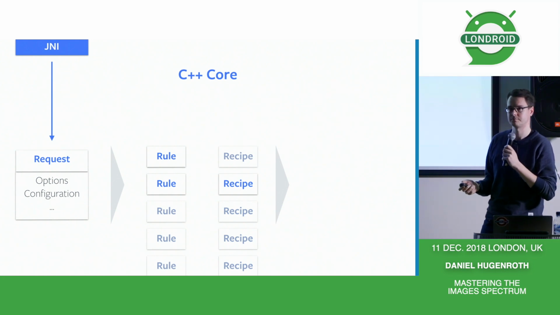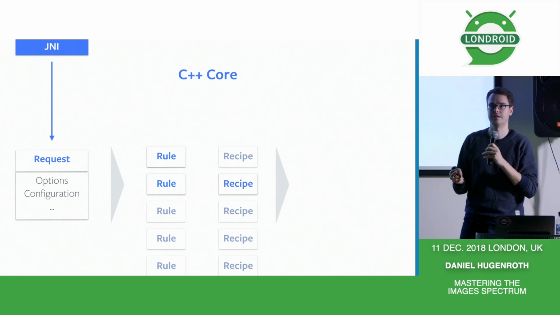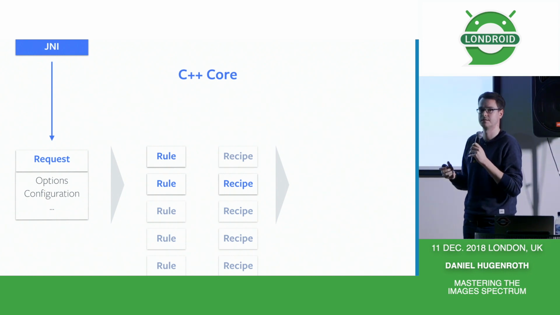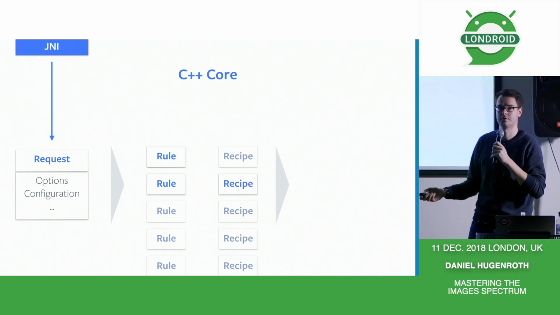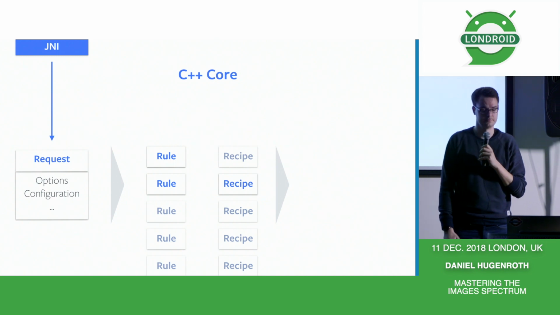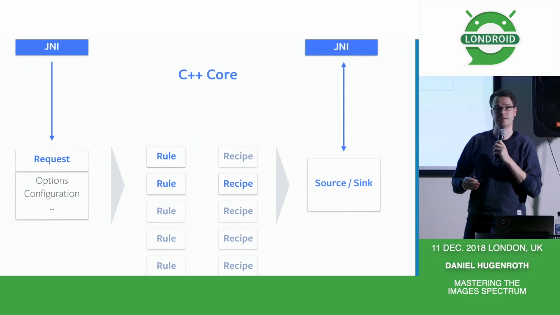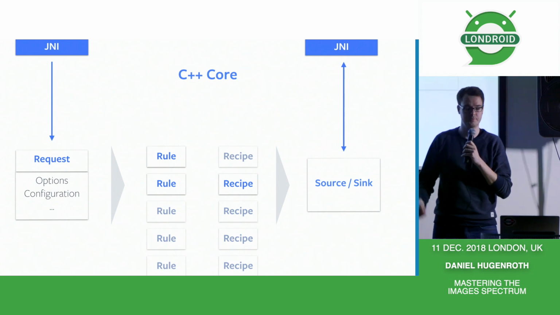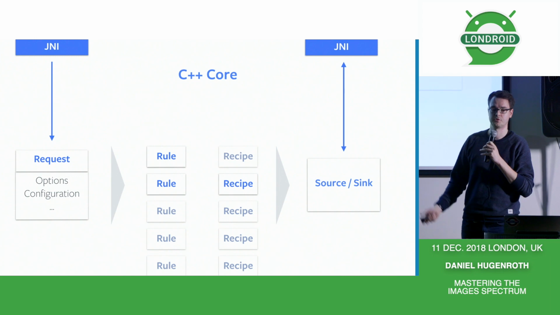That recipe is a way how we encapsulate the instructions that need to be done in order to create the output that's desired by the request. And that recipe will use the source and sink abstraction that we saw briefly in the API to talk with the JNI level to do all the processing that we need.